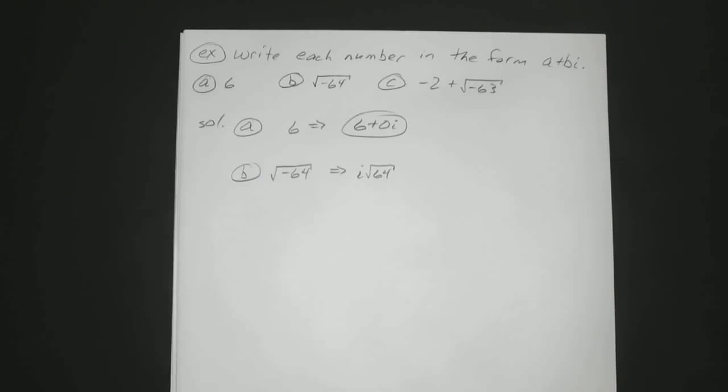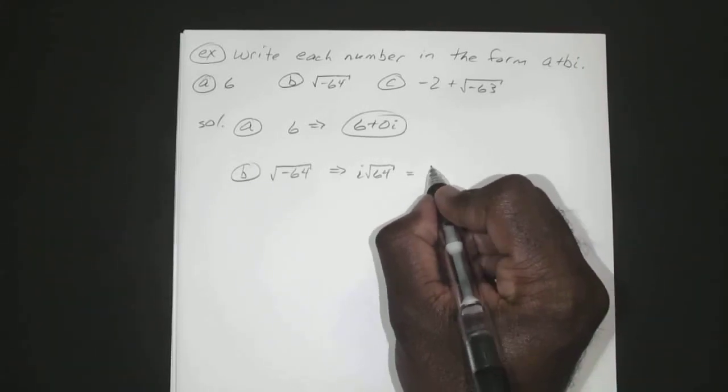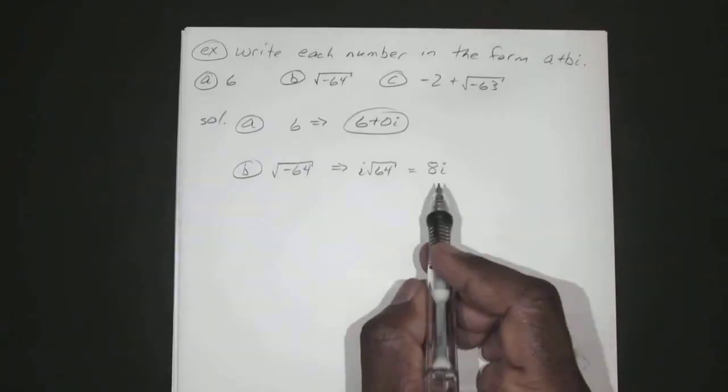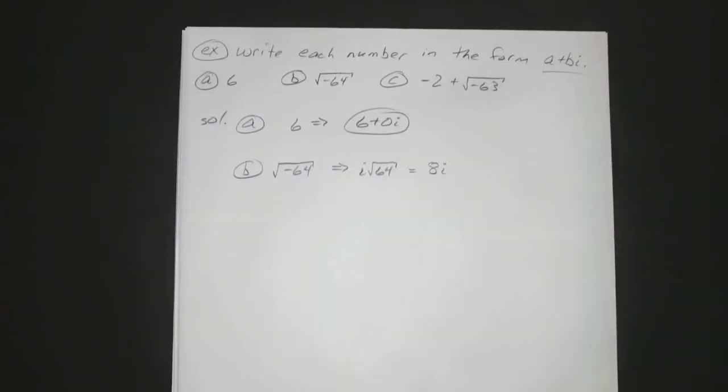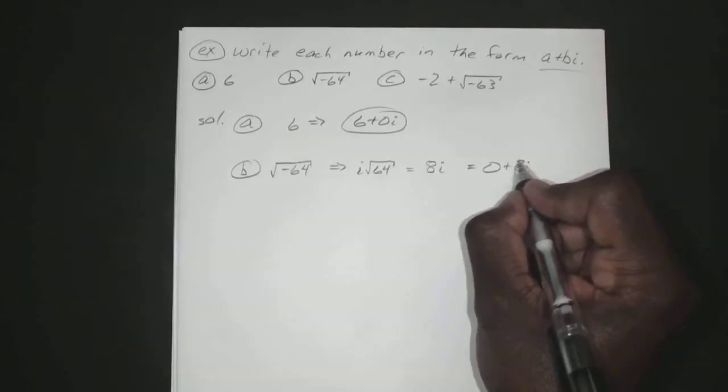We know the square root of 64 is just 8, and 8 times 8 is 64. So we can just make that 8i if we wanted to. But remember, you have to write it in that form. So that would be 0 plus 8i.